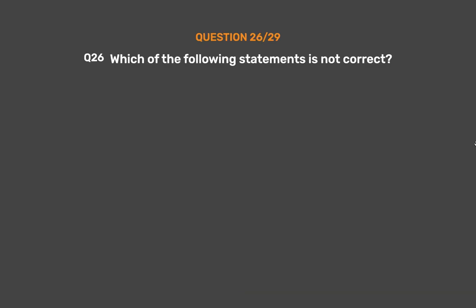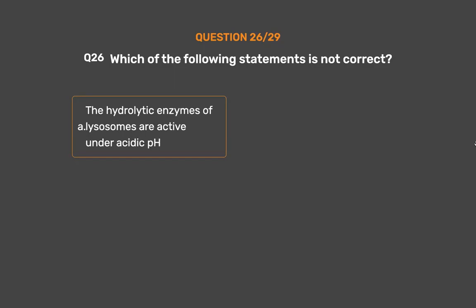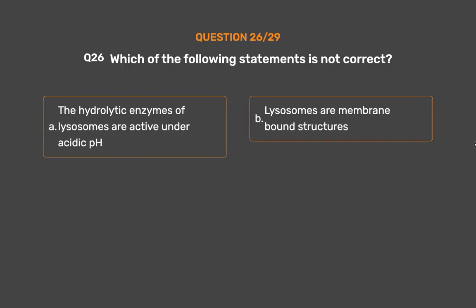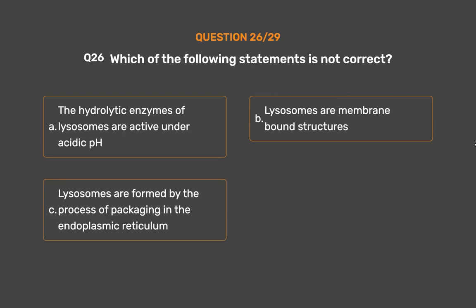Question number 26. Which of the following statements is not correct? Option A, The hydrolytic enzymes of lysosomes are active under acidic pH. Option B, Lysosomes are membrane-bound structures. Option C, Lysosomes are formed by the process of packaging in the endoplasmic reticulum.